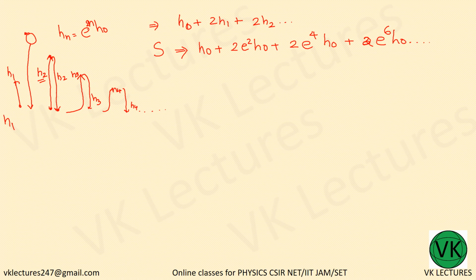So I am taking h naught plus 2e square h naught, with 2e square h naught as the common factor. Then just add the other things: this will be e to the power 2, e to the power 4, then e to the power 6, it goes on.